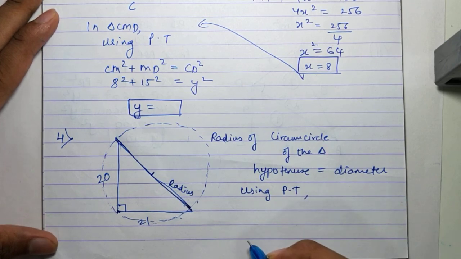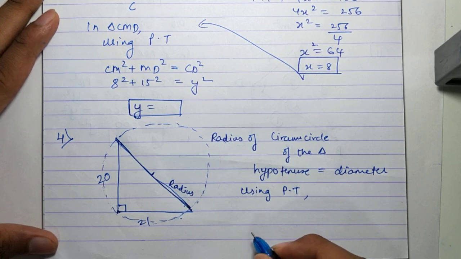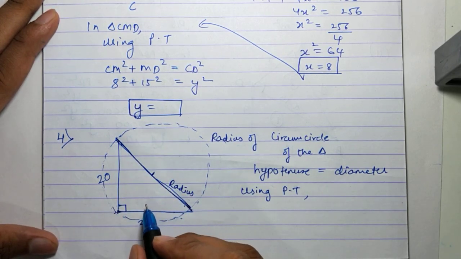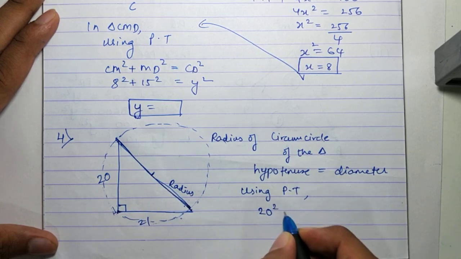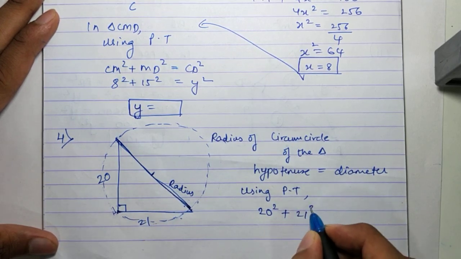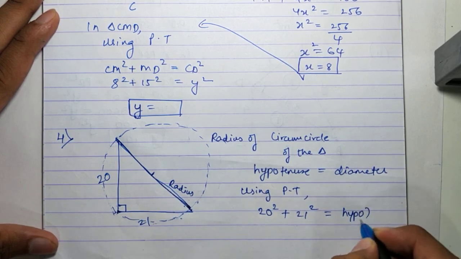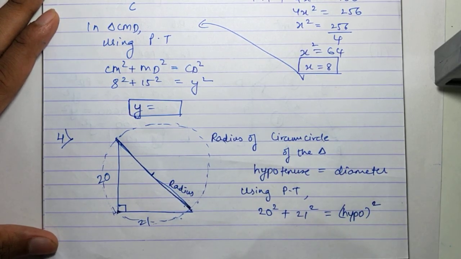Okay, so using Pythagoras theorem, this side 20 square plus 21 square equals, this is the hypotenuse, hypo square.